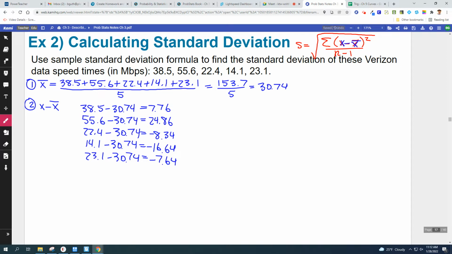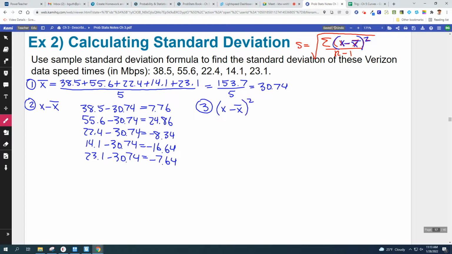Think back to the equation. The next thing we're going to have to do is square that difference, and that's step 3: x minus x bar, squared.